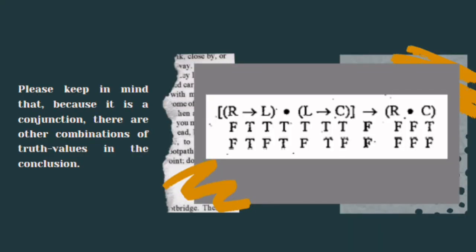You might jump to the conclusion that it is a valid argument form since it seems that the argument could not be falsified. Please keep in mind that because it is a conjunction, there are other combinations of truth values in the conclusion.